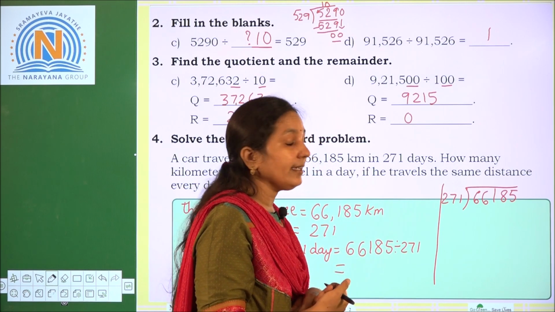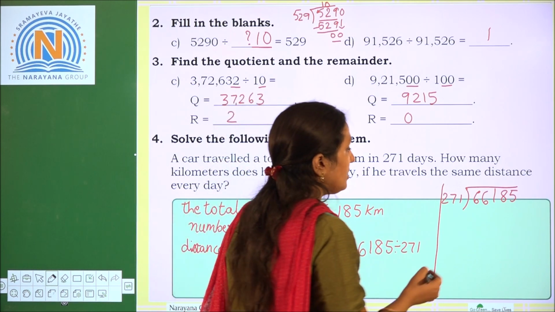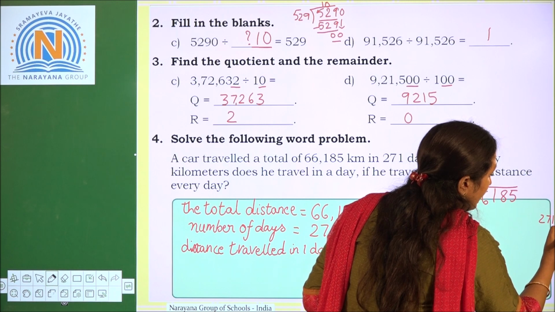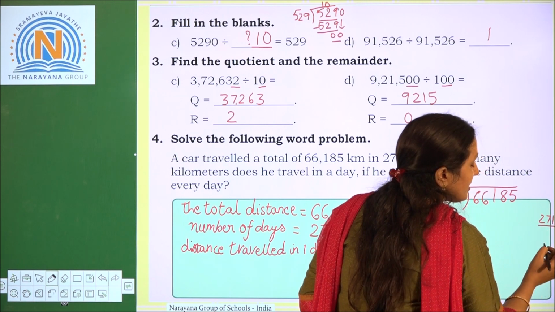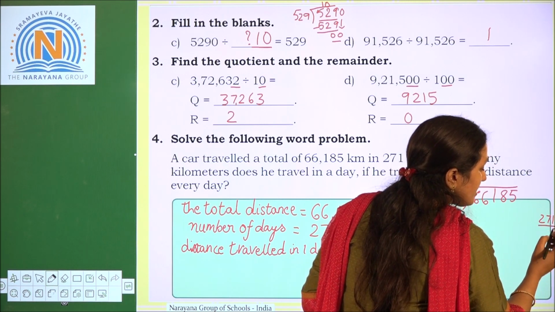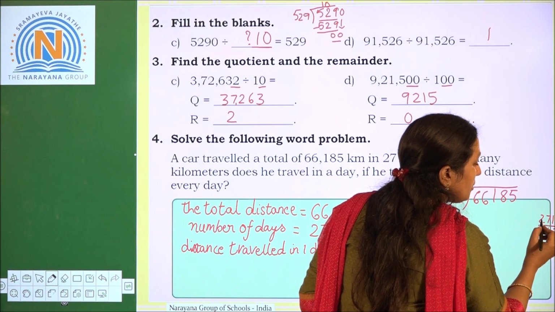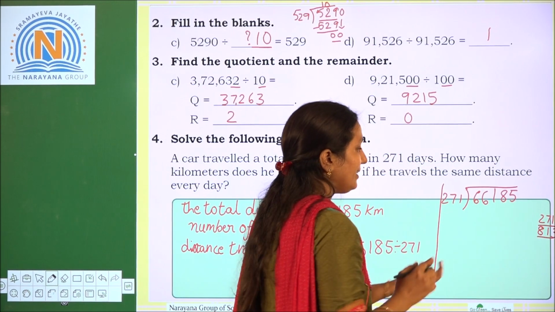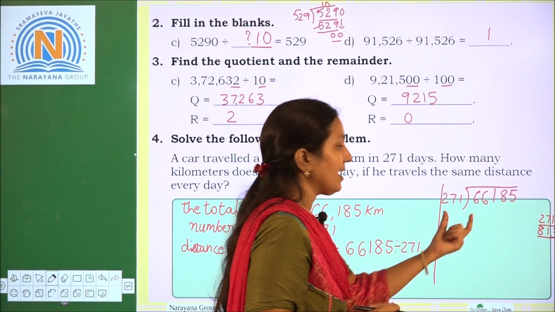Can we take 3 times? Check. 271 into 3: 3 ones are 3, 3 sevens are 21, 3 twos are 6 plus 2 is 8. 813. So it will be greater than this number.